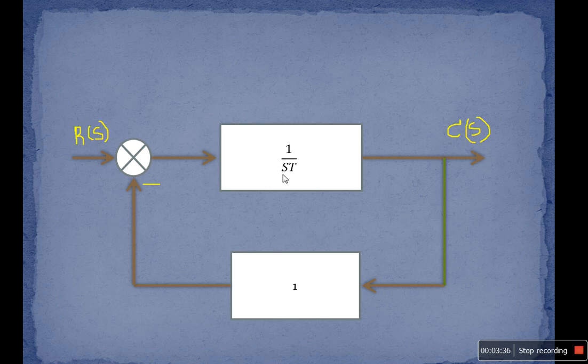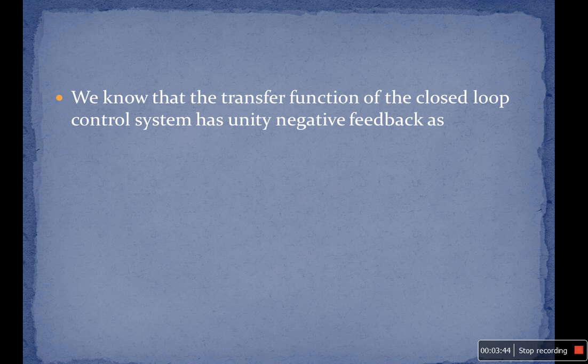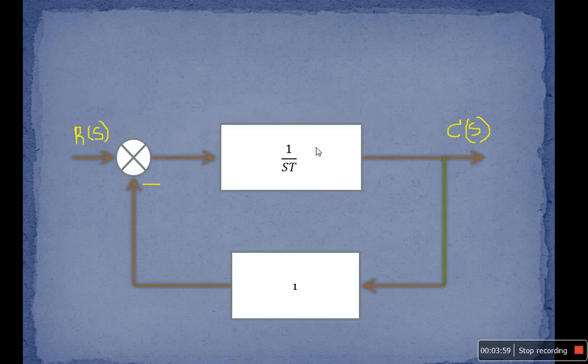So C of s by R of s equals 1 by s tau whole divided by 1 plus 1 into 1 by s tau. We know that the transfer function of a closed loop control system with unity negative feedback is G of s by 1 plus G of s into H of s. In place of G of s we have 1 by s tau, and in place of H of s we have 1.